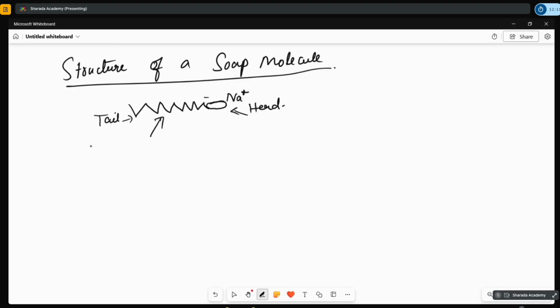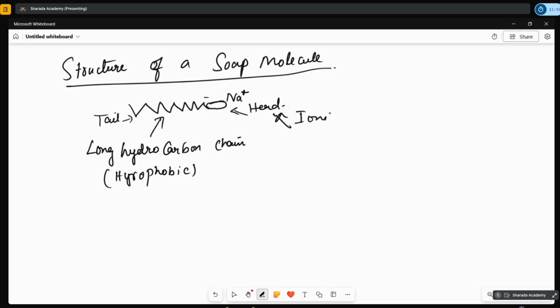Write this down, I'll explain. Long hydrocarbon chain. This is hydrophobic in nature. Okay, this is the ionic part. Hydrophilic.